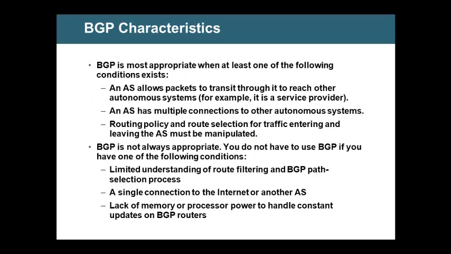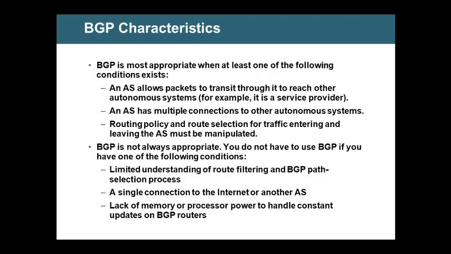We also learned where it is appropriate to have BGP. When you don't have much knowledge on attributes, then we should not go for BGP. And when we don't have multi-homing, then you should not go for BGP. Or if the router is poor in memory and processor, then we should not use BGP.